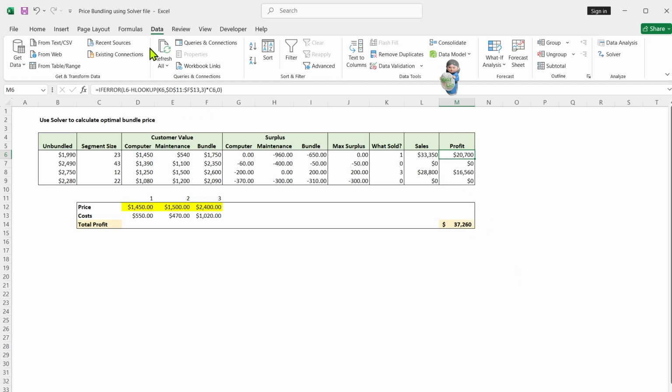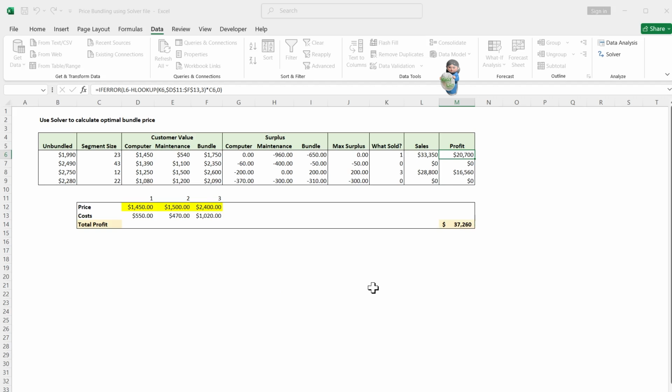So I go to Data over here in the ribbon and go to Solver to open up the Solver box. As you can see, I set the objective of this cell, maximum profit, Max. And then by changing what?